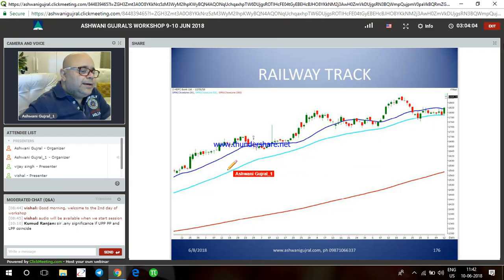This is HDFC Bank. This one also gives you many opportunities. There are some stocks which have not broken their railway lines for the last 4 or 5 years. Markup phase. So all you have to do is look for declines to buy.